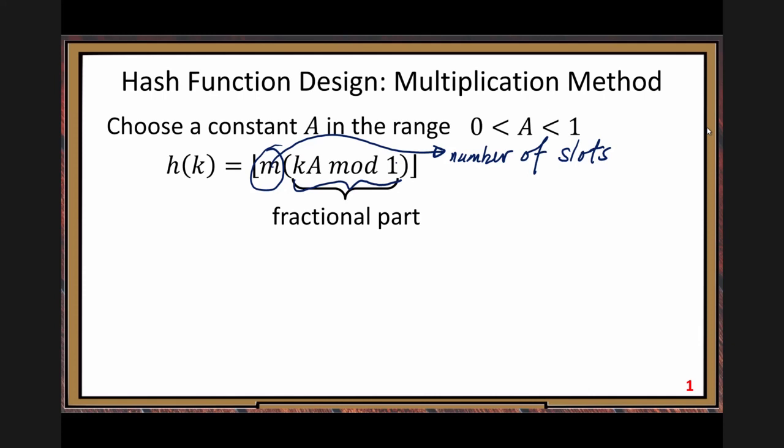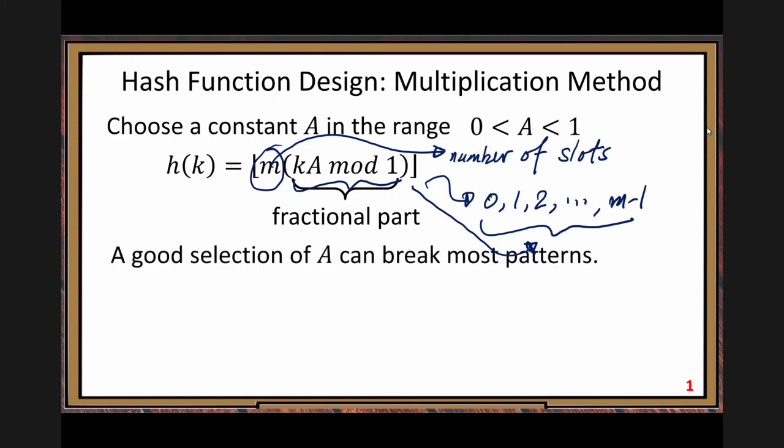The slot numbers are 0, 1, 2, up to M minus 1. So this function gives us the value for these M slot numbers. A good selection of capital A can break most patterns.